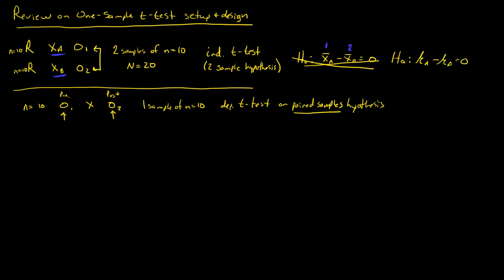The point estimates for these mu's are these x bars, but this is the correct way to write the actual hypothesis here. So then down here, to be consistent, we've been writing it as the mu of the difference scores is equal to 0. So that's your paired sample hypothesis.